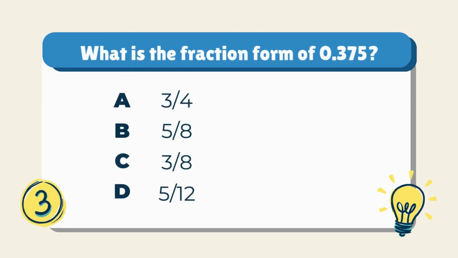Question number 3. What is the fraction form of 375 thousandths? A. 3/4. B. 5/8. C. 3/8. D. 5/12.